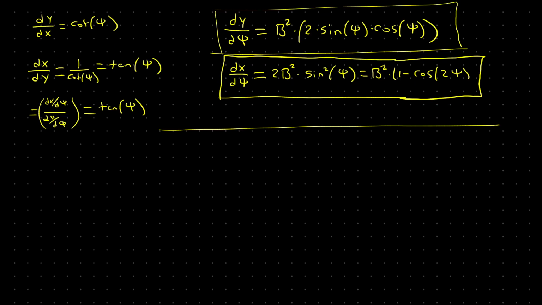And so this is a very nice system of differential equations that we can now solve for x and y. If we integrate the differential equation for x first, because that's the easier of these two, the antiderivative of 1 is psi, and the antiderivative of cosine of 2 psi is 1 over 2 times sine of 2 psi.